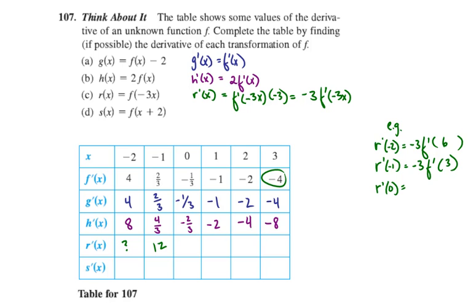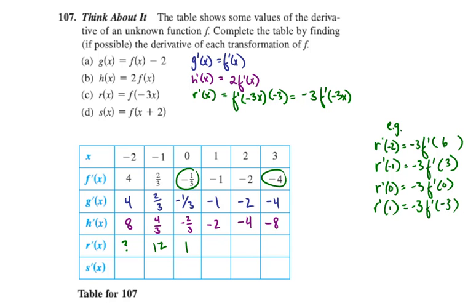r prime of 0 would be negative 3 times f prime of 0, since negative 3 times 0 is 0. And f prime of 0 is negative 1/3. And so negative 3 times negative 1/3 is 1. r prime of 1 would be negative 3 times f prime of negative 3 times 1, which would be negative 3.